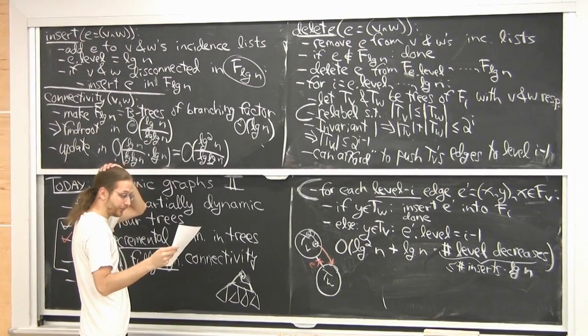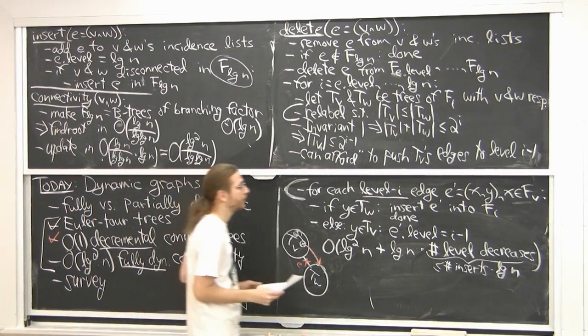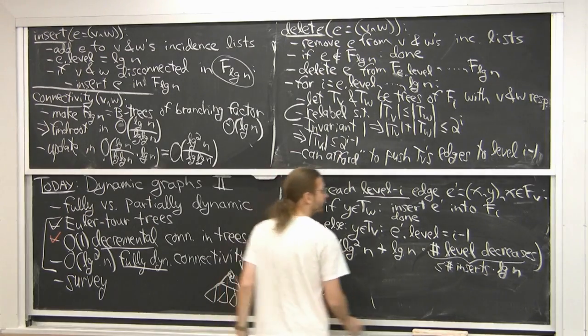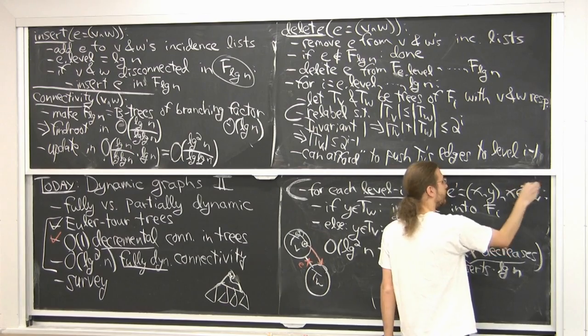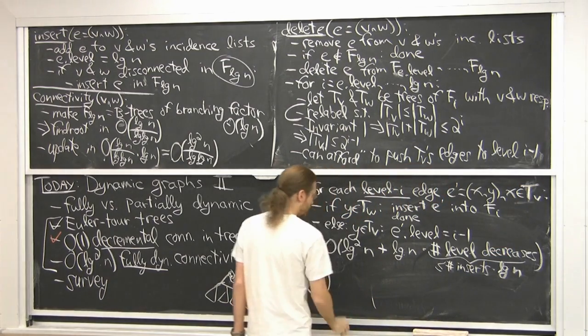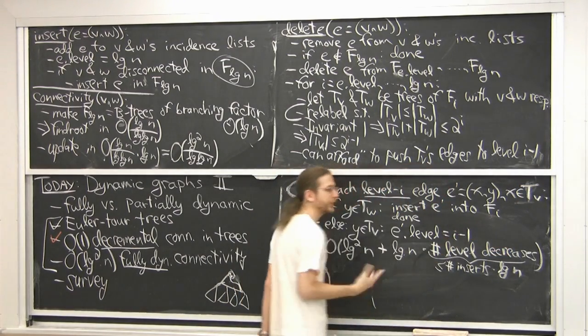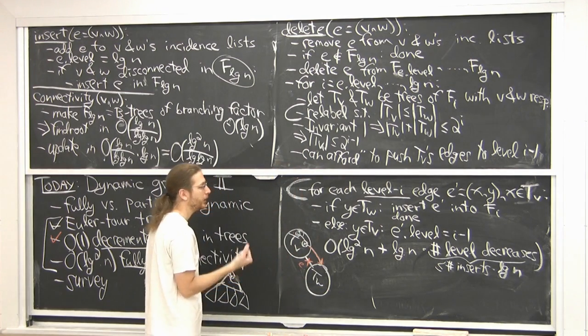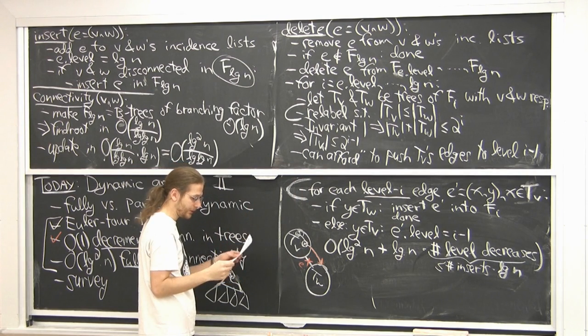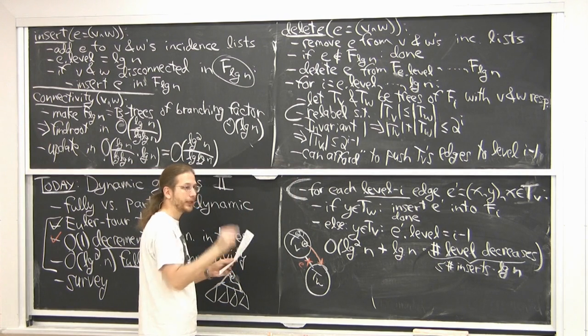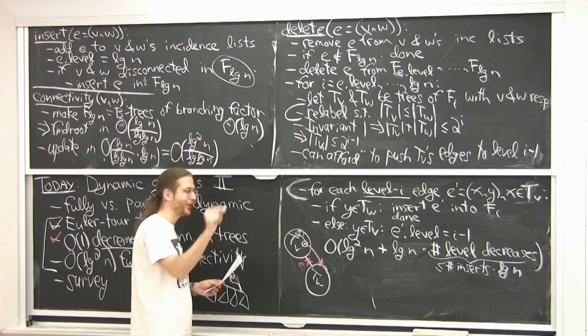So what we store in, why did I write FV? I mean TV here. Sorry. So in Fi, this is for each I, but at the forest at level I, what I'm going to store is at every node in the Euler-Tour tree, I want to know in the subtree rooted at that node.